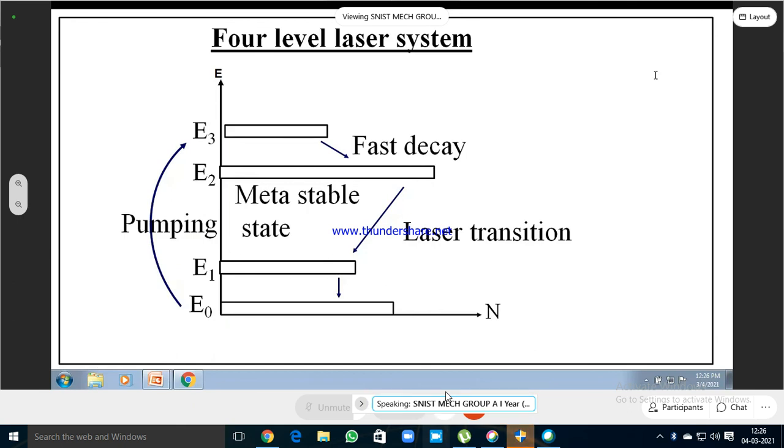In between, we will also have some laser transitions, so some IR radiations sometimes, and some visible radiations between some energy states. It depends on the difference between the energy states, that gives the photon energy.